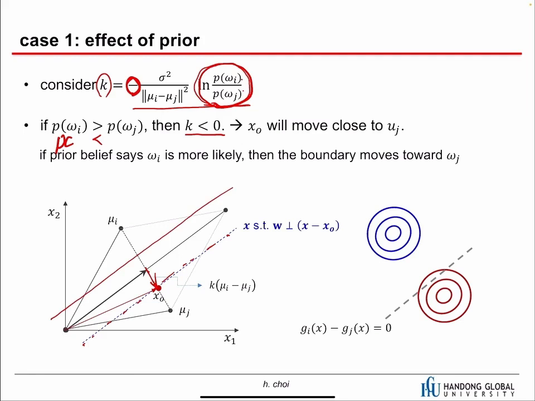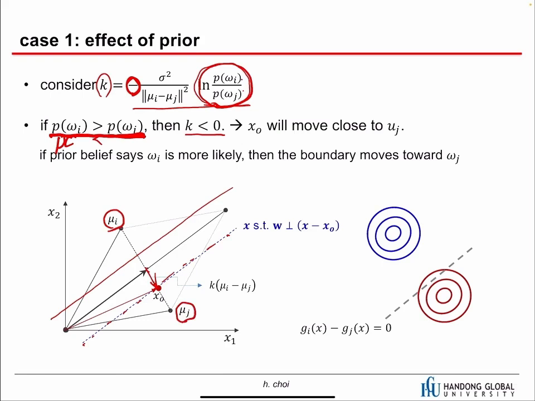So what does that mean actually? Okay, look at this one. If P of omega i is greater than P of omega j, which means we have a higher prior for omega i than omega j, which means we prefer class i over class j.